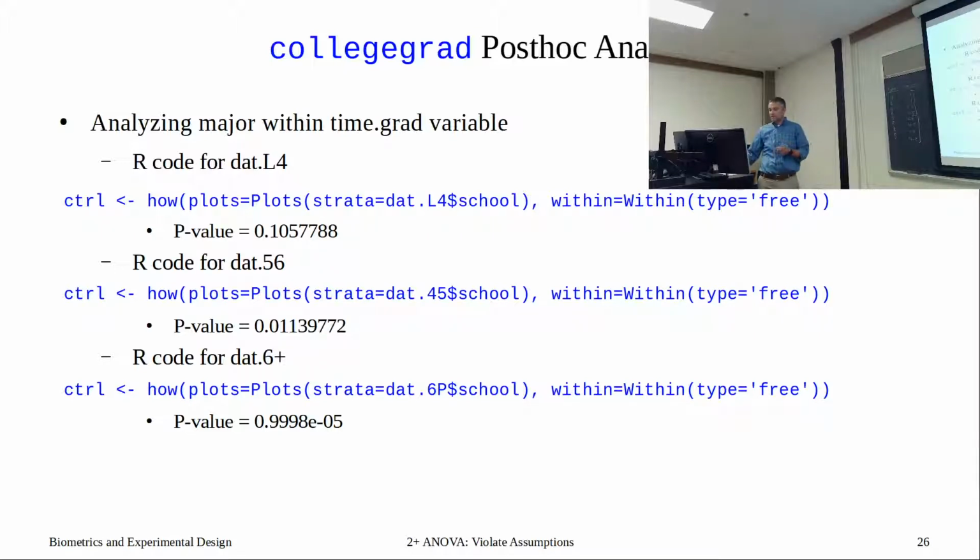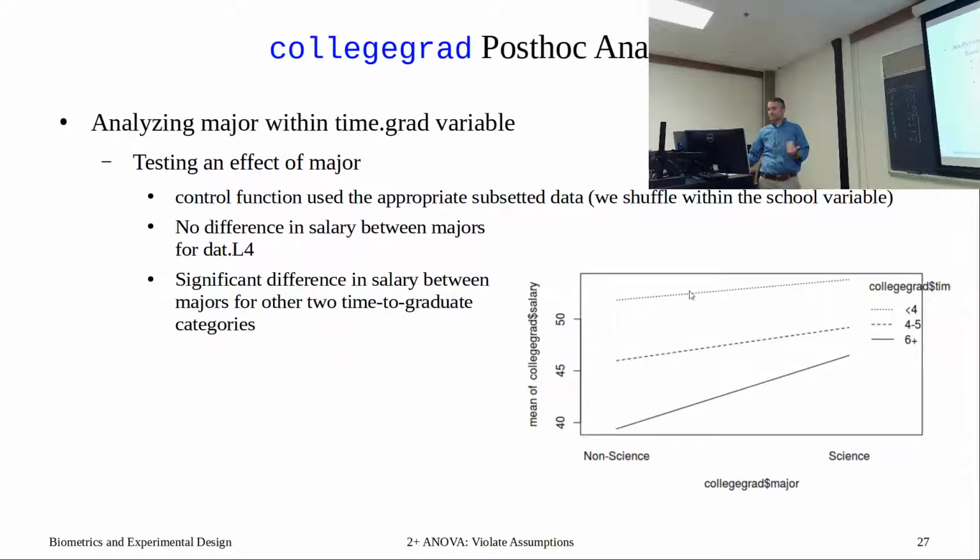But there was a difference if it took 4 to 5 years or 6 or more years. That's exactly what the graph is showing: in the less than 4 year graph there's no difference, but for these other years, the science majors ended up starting out with a higher salary.